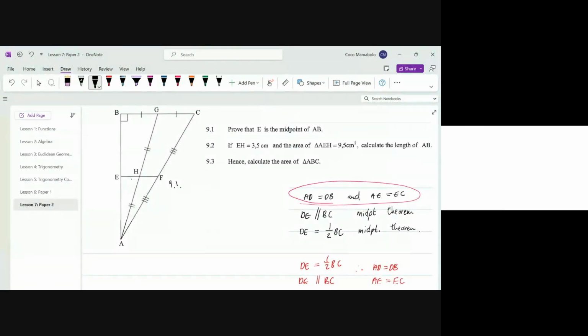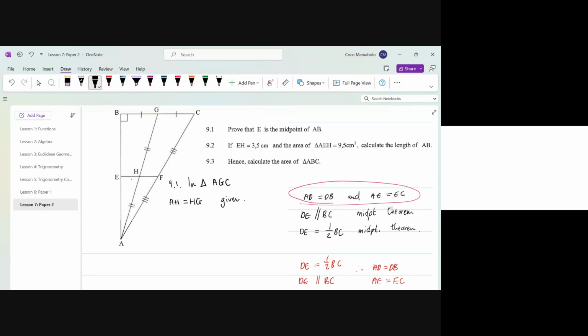Let's name the triangle we're going to be working in. In triangle AGC, we know that AH is equal to HG. That's given information.